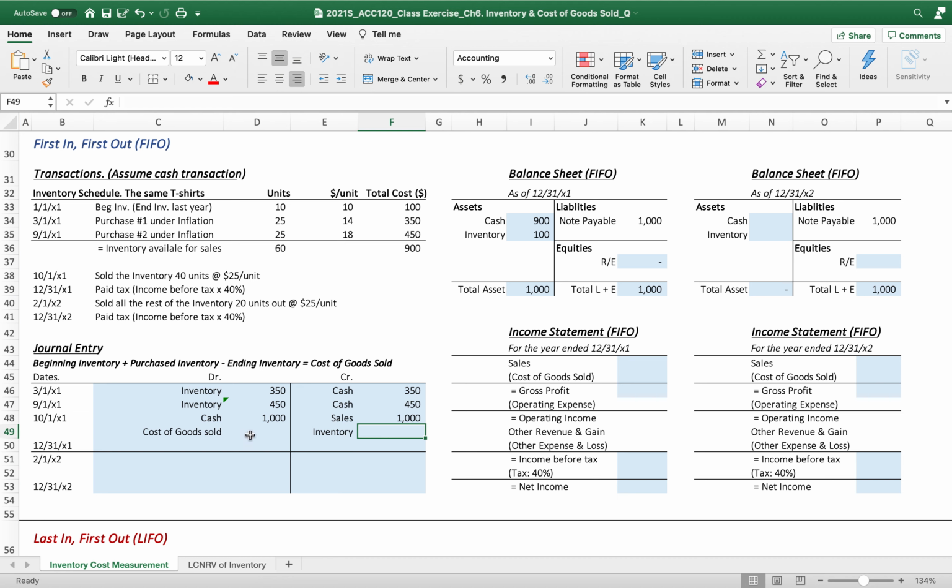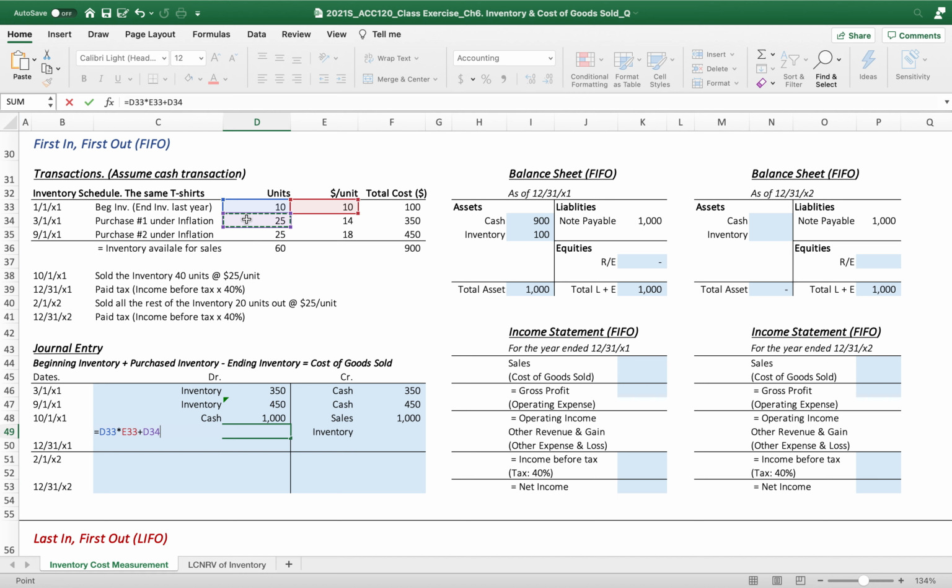How much is the cost of inventory for the goods sold? In that case, the 40 units we measure starting from the beginning, and then next, so total 35, and then the rest amount is 5 out of 40, right? So let me calculate in this way: 10 units times $10 per unit, then 25 units times $14 per unit.